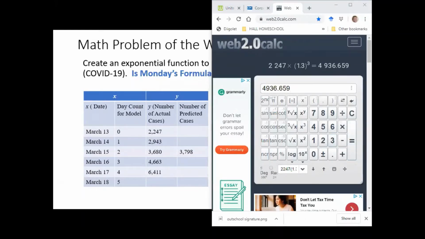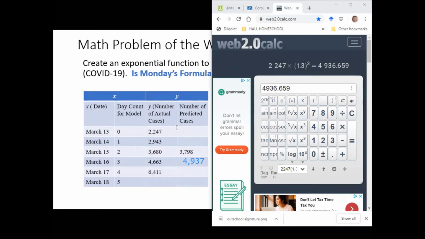Based on those numbers, we predicted there would be 4,937 cases, because we can't have 0.6 of a person. That's how many we thought there would be on March 16th. Did I put everything in there right?